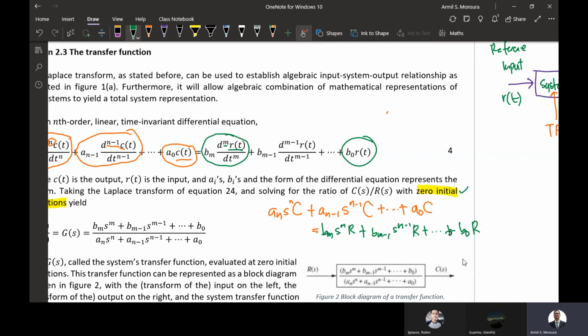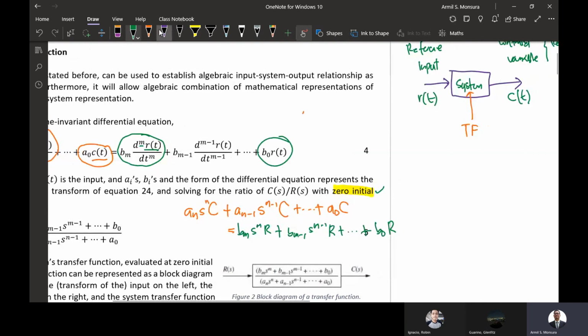Ang gagawin natin ngayon dyan, after which, is to factor out.